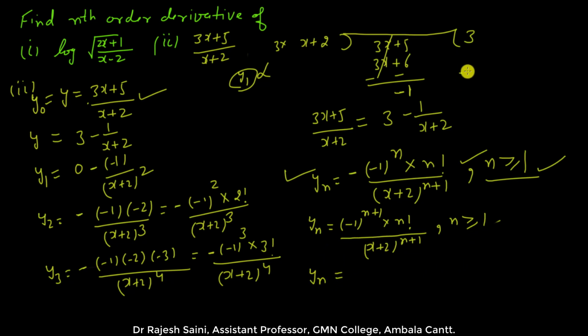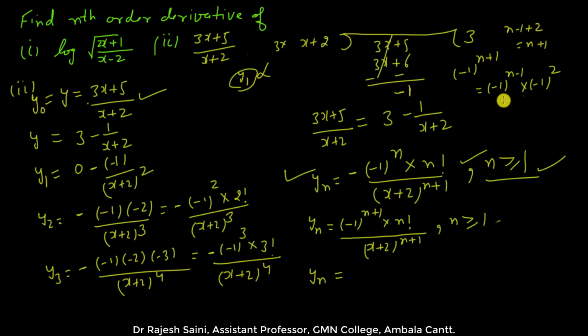This could also be written as, can you write it as minus 1 raised to the power n plus 1? Can I write it as minus 1 raised to the power n minus 1 into minus 1 squared? That I can do because the powers will add up again: n minus 1 plus 2 adds up to n plus 1.